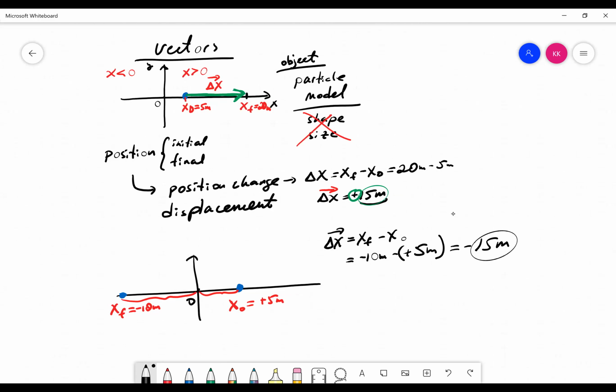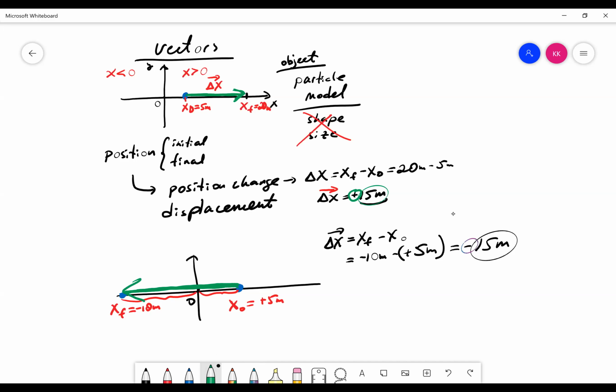But the difference here is that I have a negative direction, which means the object with respect to where it was is now 15 meters away again, but in a negative direction. So when I'm drawing this vector, it should be pointing to the left in a negative x direction.